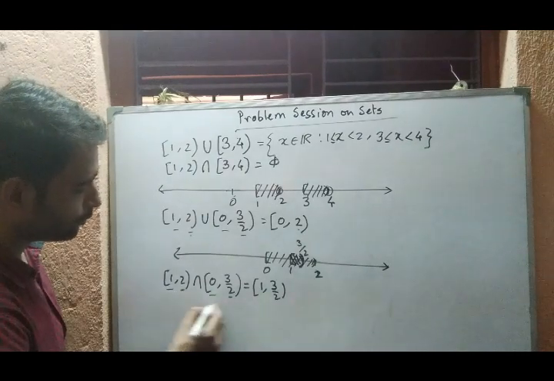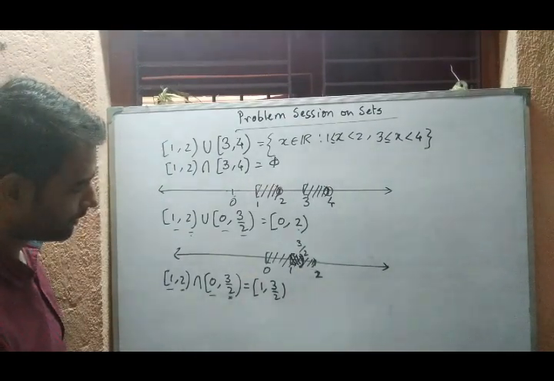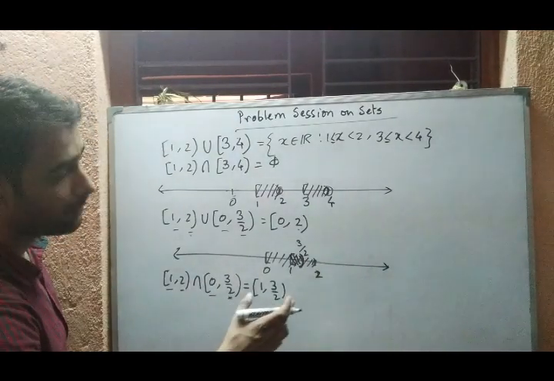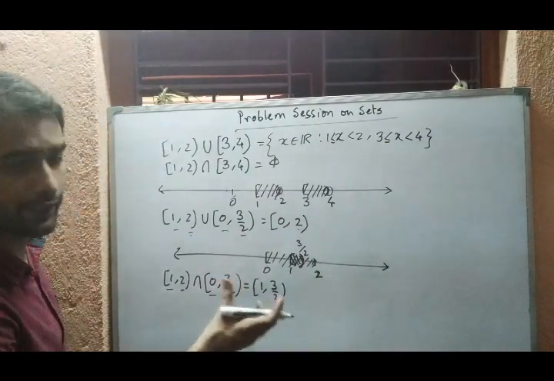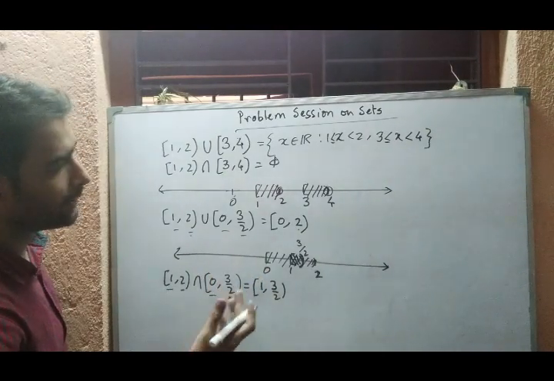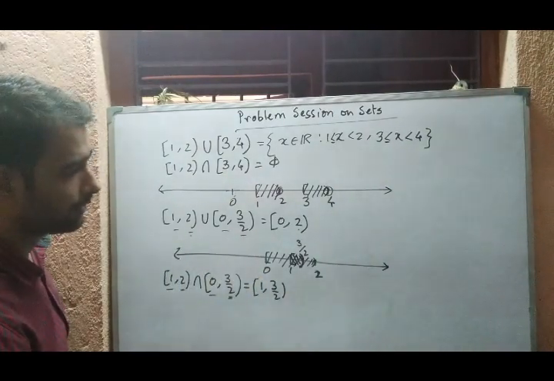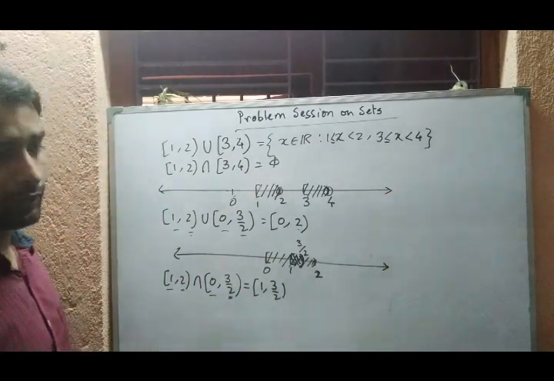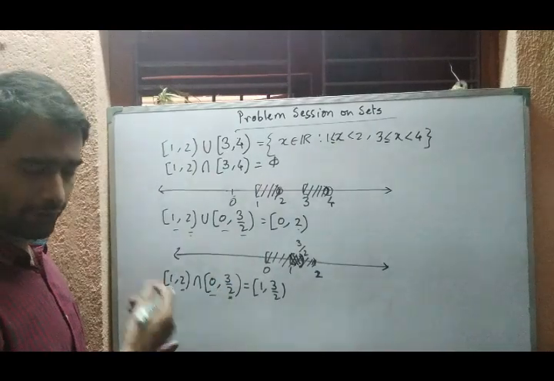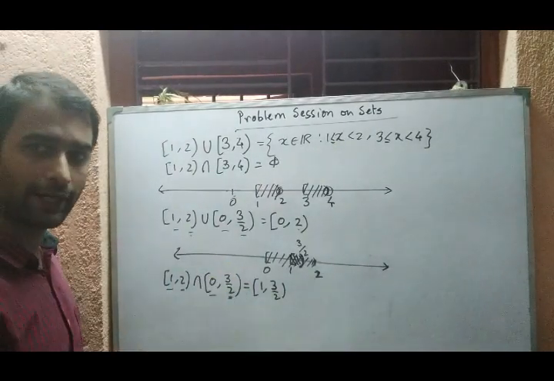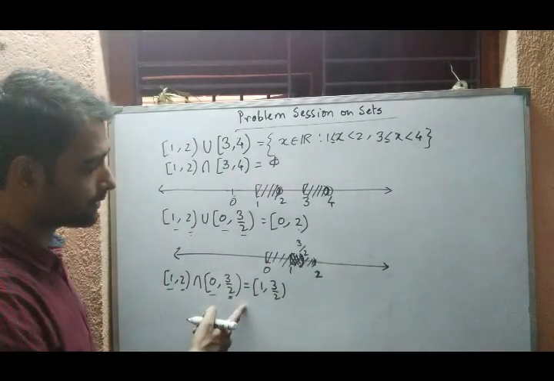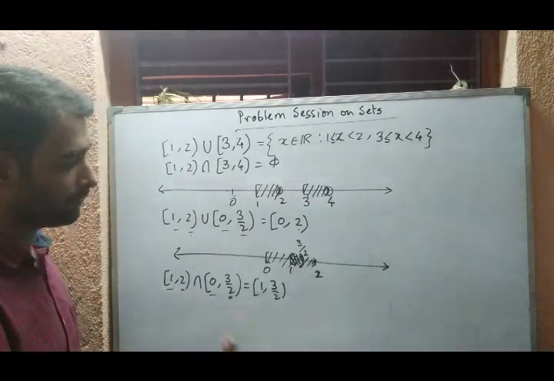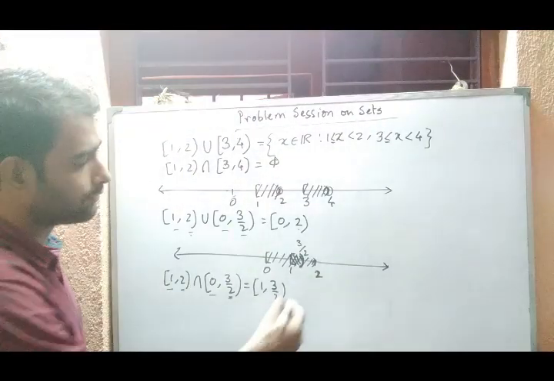Here 2 and 3/2 are the right-hand points, and the minimum is 3/2, so that's why it is 3/2. So for the intersection we take the smaller one, and for the union we have to cover all the region. To cover all the region, we take the minimum value for the left-hand side and the maximum value for the right-hand side. For the intersection, we take the maximum value for the left-hand side and the minimum value for the right-hand side. That's why these are common.